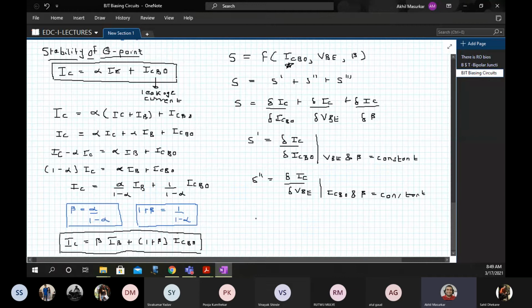And we can guess that the third one, S triple dash, is going to be delta IC upon delta beta, that is the change in the value of beta, when VBE and ICBO are constant.